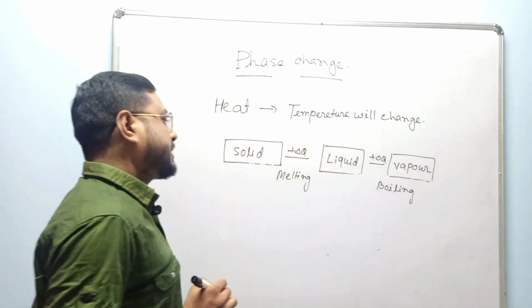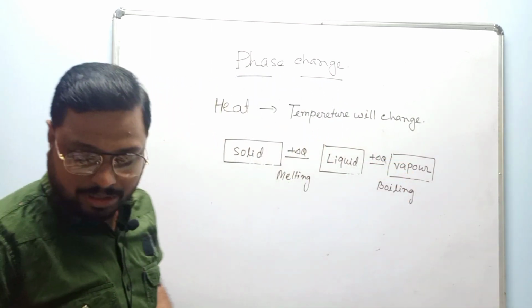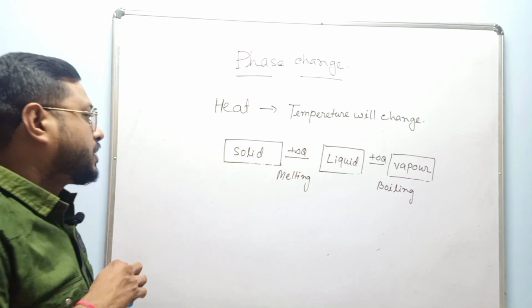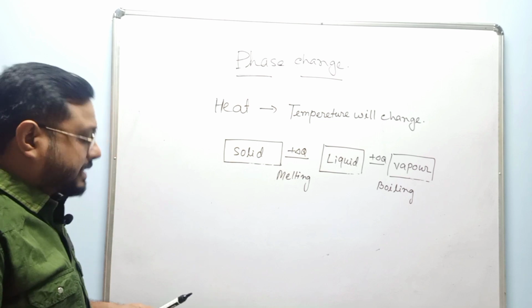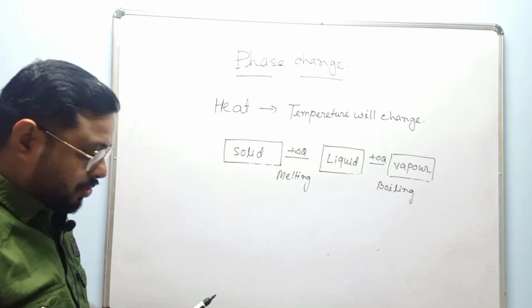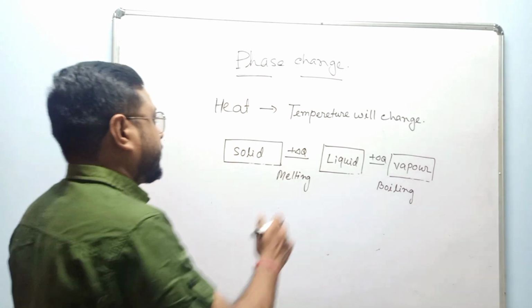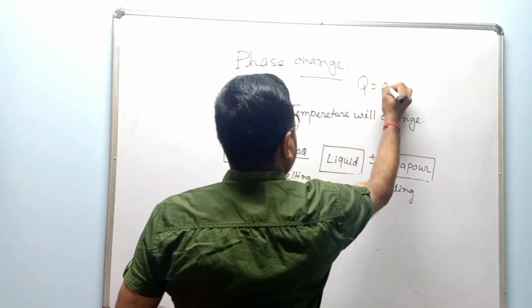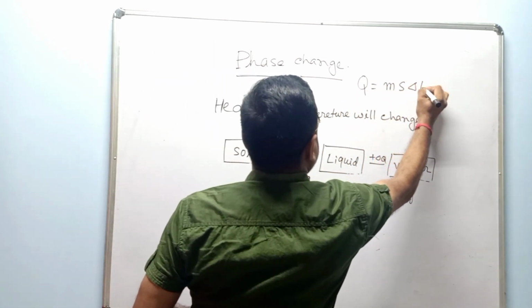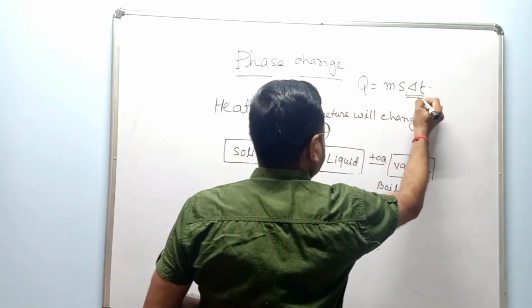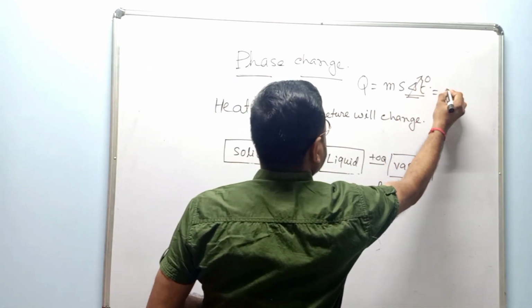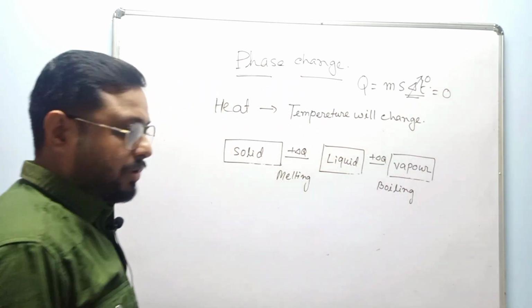The reverse process also occurs. So, we can know that in this case we do not use the equation Q equal to m s delta T, because here there is no change in temperature, so delta T is 0, so Q must be 0, but Q is not equal to 0.